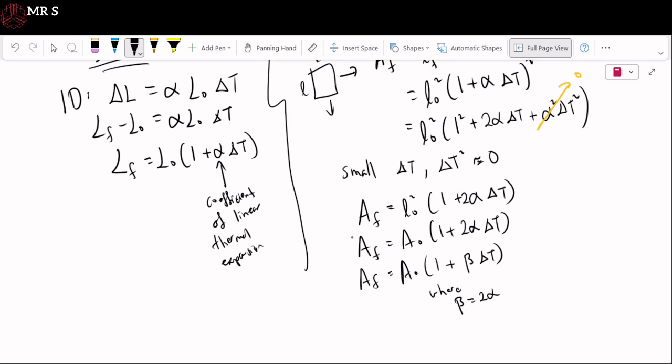So when you do questions, generally the question will provide you with a value for alpha or beta. Okay, but of course this value alpha is generally given at approximately 20 degrees Celsius. So this delta T cannot go very far away from 20 degrees Celsius.